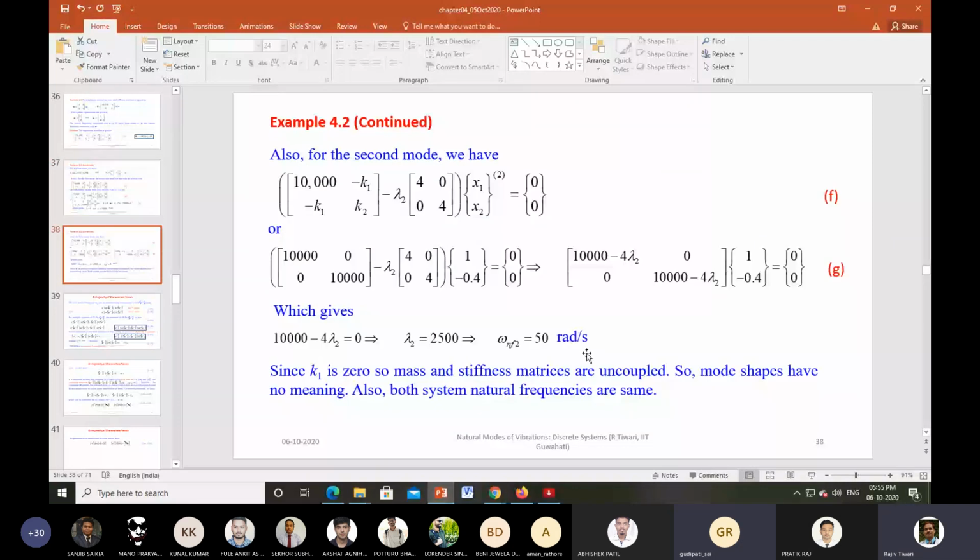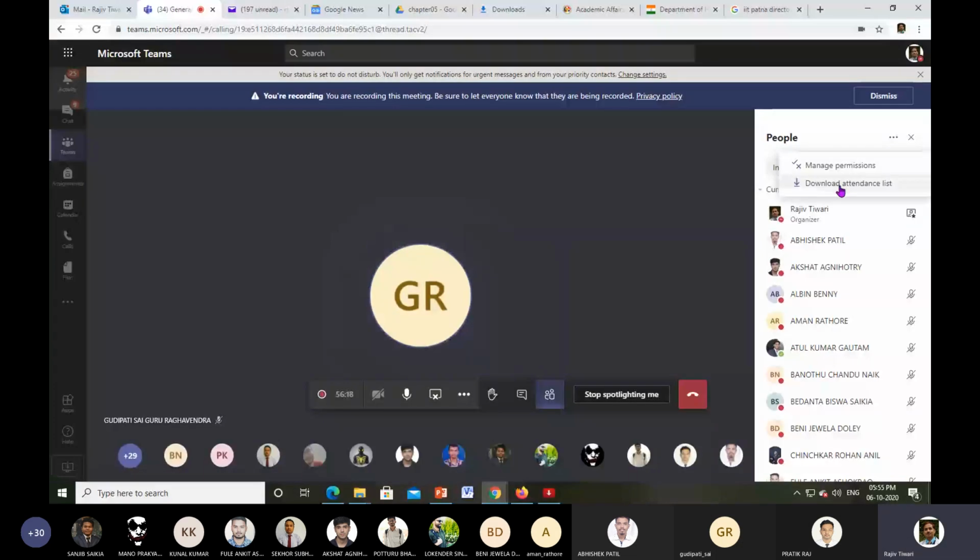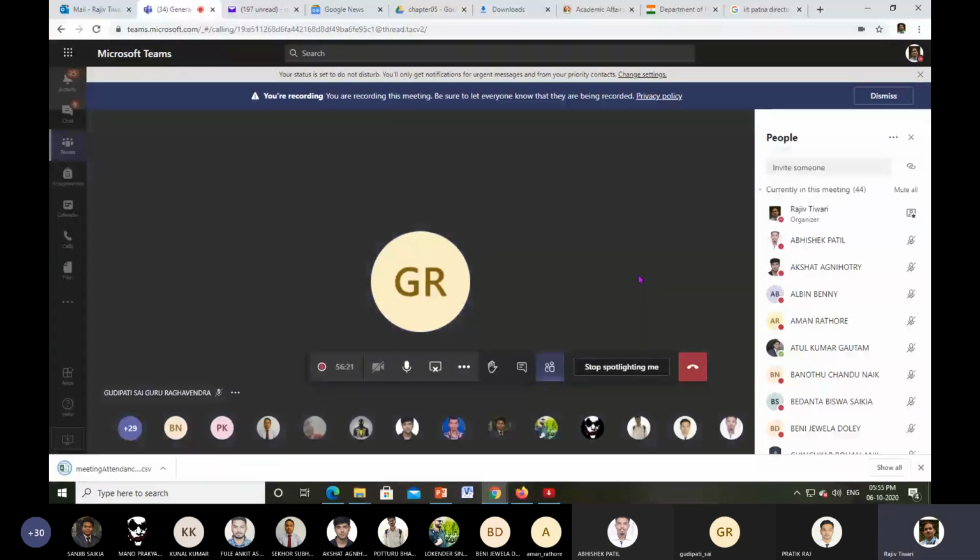Any other question? I have already given the fourth assignment related to the eigenvalue and eigenvector, so you proceed with that. If in some of the examples the numerical values are not there, you can assume some realistic values, or you can take feedback from me.